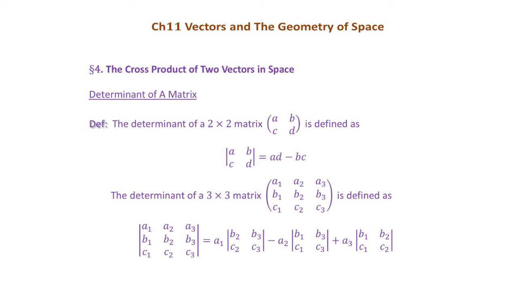I don't know if you learned it before or not. So what is a matrix? A matrix is arrays of numbers. You've got rows and columns in a matrix.